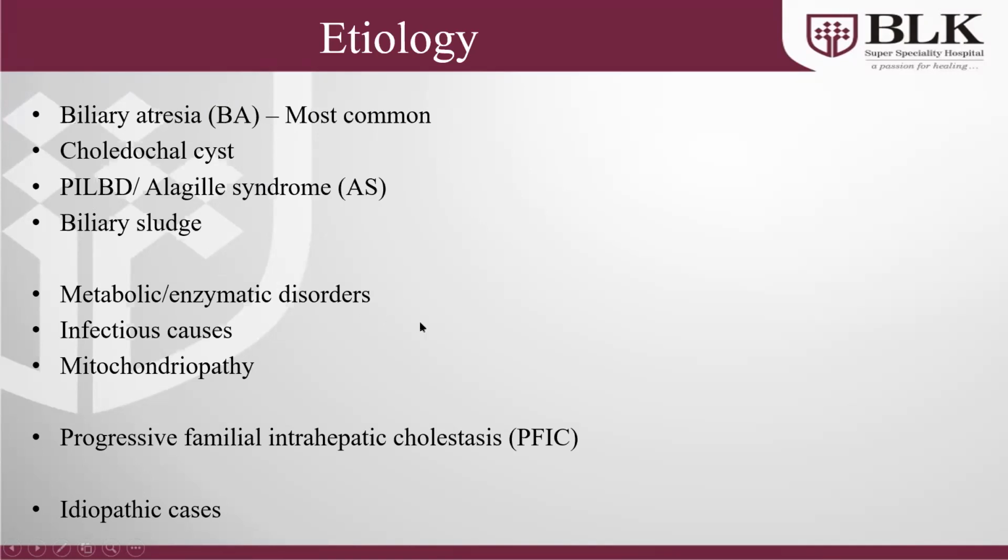In parenchymal or intrahepatic causes, it can be due to metabolic or enzymatic disorders like tyrosinemia, hereditary fructose intolerance, or galactosemia, or infectious causes like hepatitis viruses, toxoplasma, rubella, and CMV, or certain mitochondriopathy. It can also be due to progressive familial intrahepatic cholestasis or idiopathic.